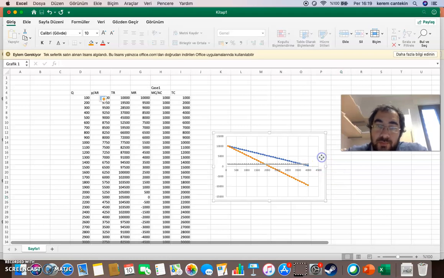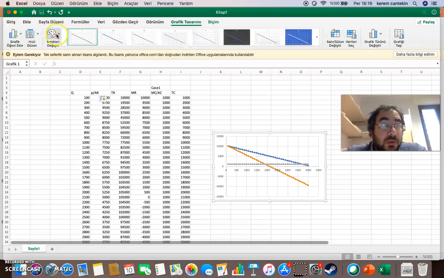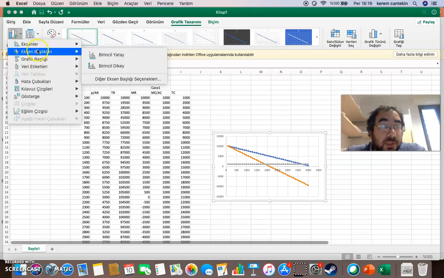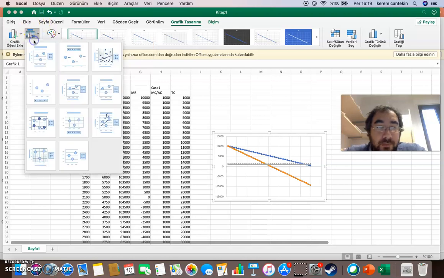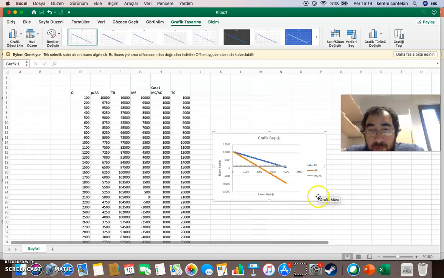Well, let's continue. Let's make this graph a little bit more beautiful. Well, basically this is a good model.